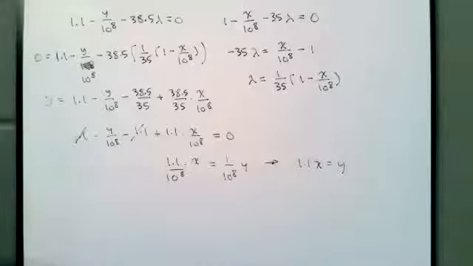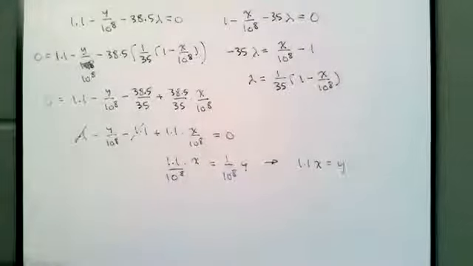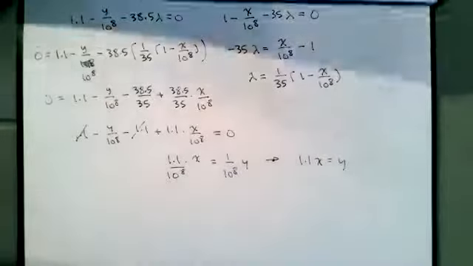Once we have the relationship that 1.1x is equal to y, since I used the first two equations to eliminate lambda, now I've got to use my new combined equation with the third equation, which was just our constraints.